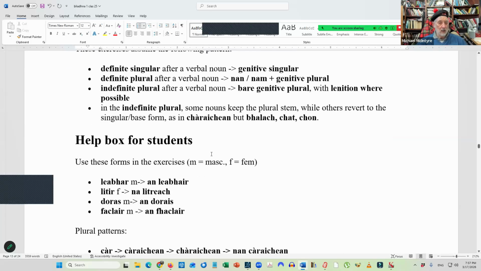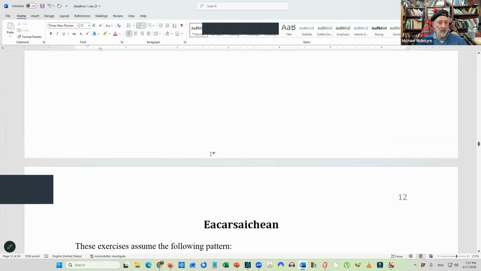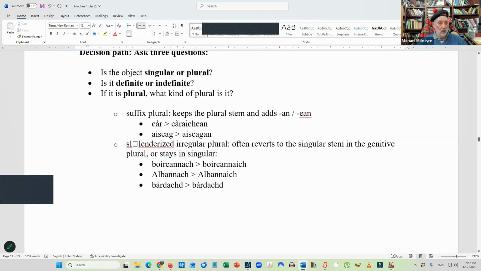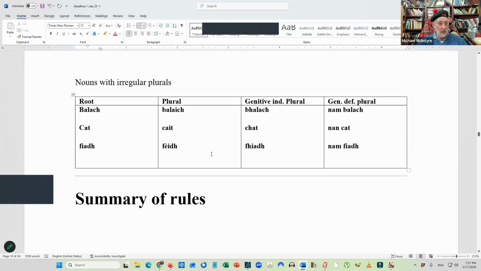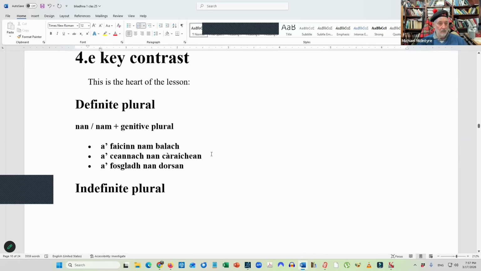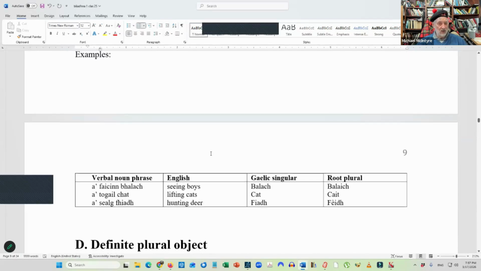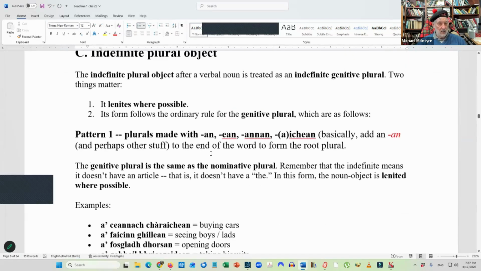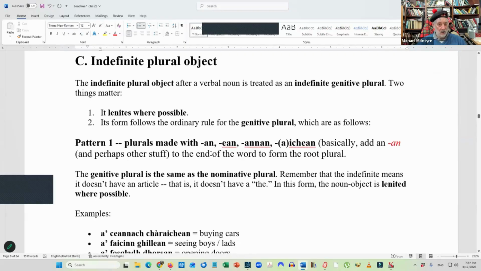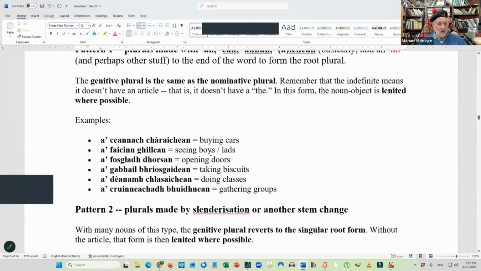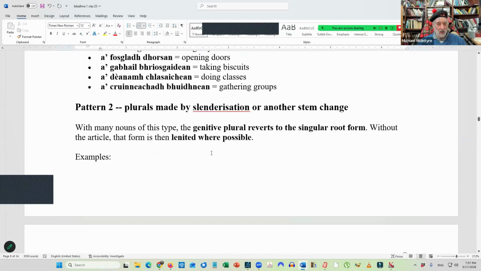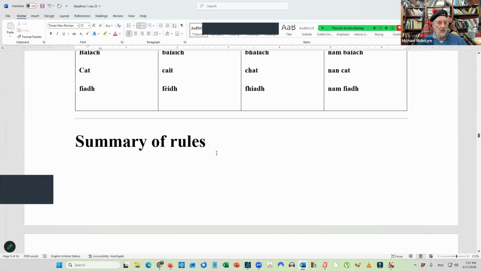The singular stays singular. The singular indefinite stays... No, I don't think I said it. Okay, so I'll add that.